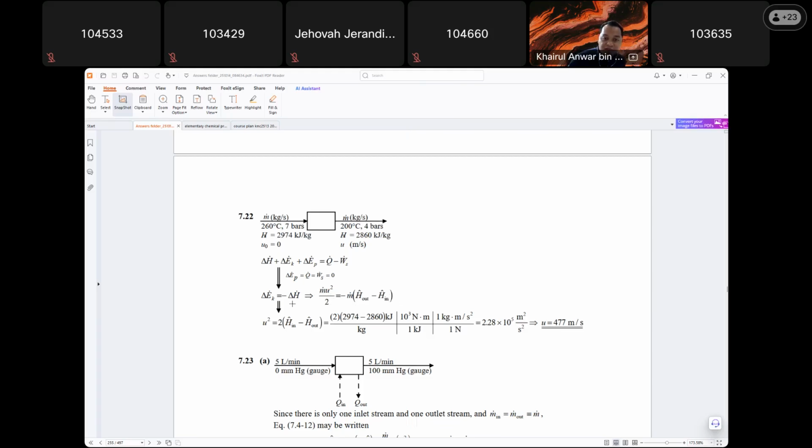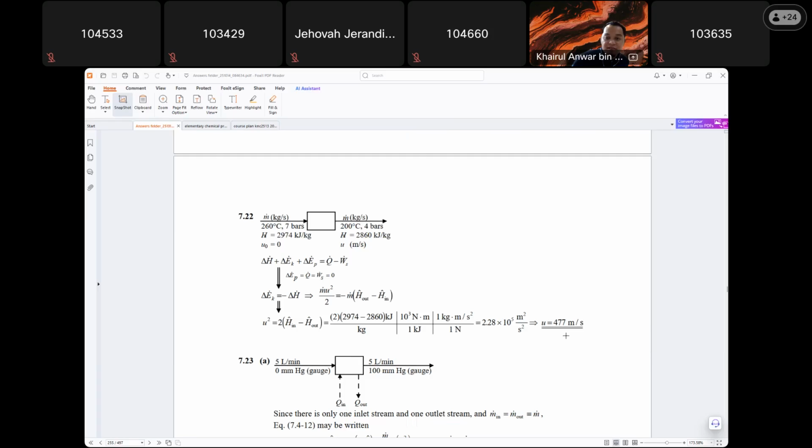This is the expression for the enthalpy. The mass cancels out. So given this equation, do the unit conversion from kilojoule per kg, then another conversion to get 477.